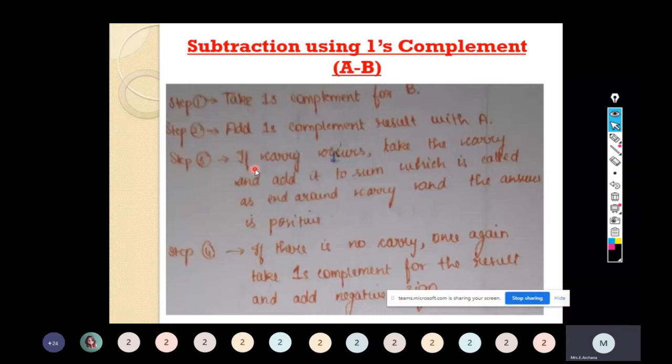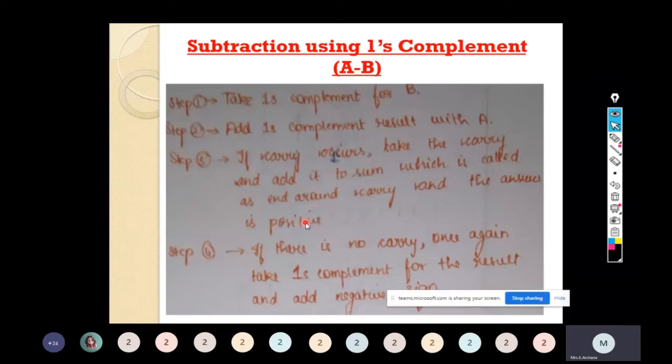Step 3: if carry occurs after addition, that is, if the step 2 result contains a carry, take the carry and add it to the sum, which is called end around carry, and the answer is positive.